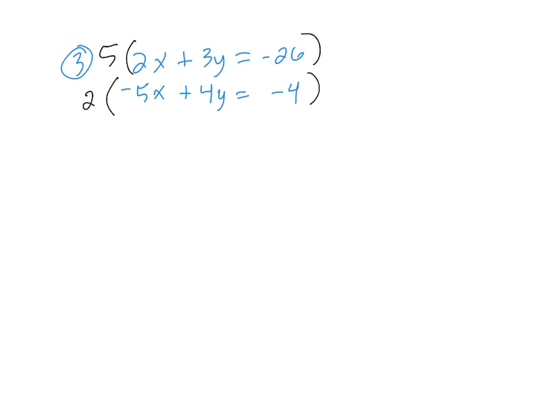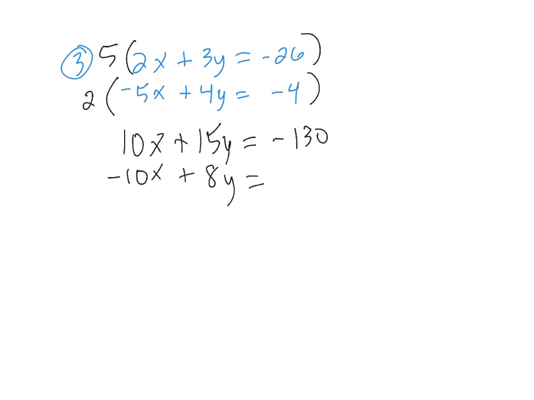5 times 2x is 10x. 5 times 3 is 15y. 5 times negative 26 is negative 130. 2 times negative 5x is negative 10x. 2 times 4y is 8y. And 2 times negative 4 is negative 8.